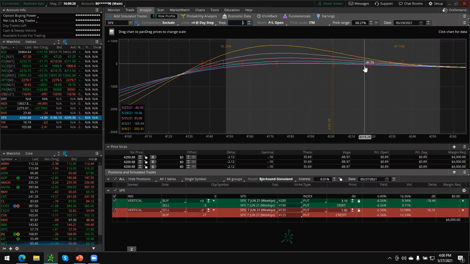I usually pick somewhere around in here, and I'm looking at the red line, which is May 31st, which is, how many days is that? 4 or 5 days from now. That's where it starts to get bad fast, at 42.15 or so. So I'm probably going to pick my first upside adjustment point to be 42.15.